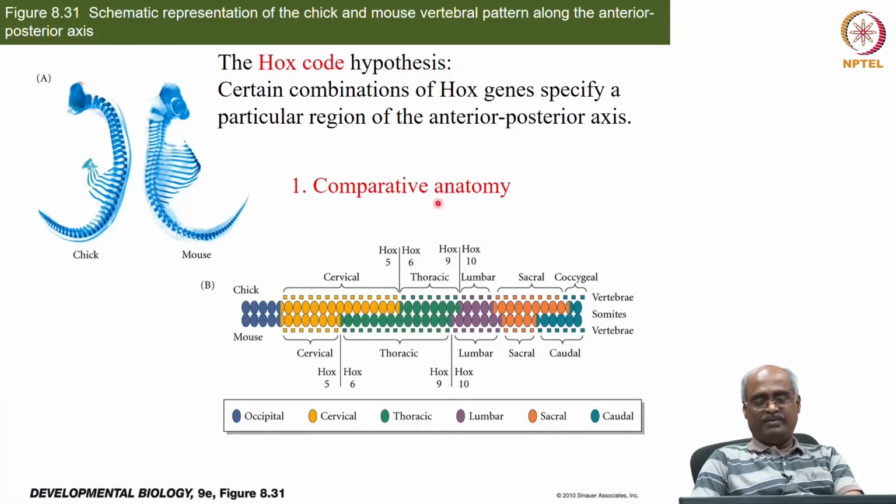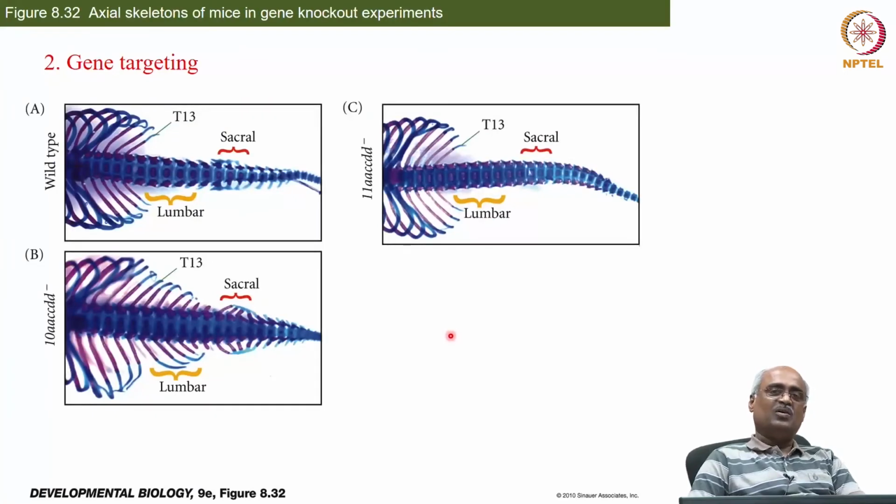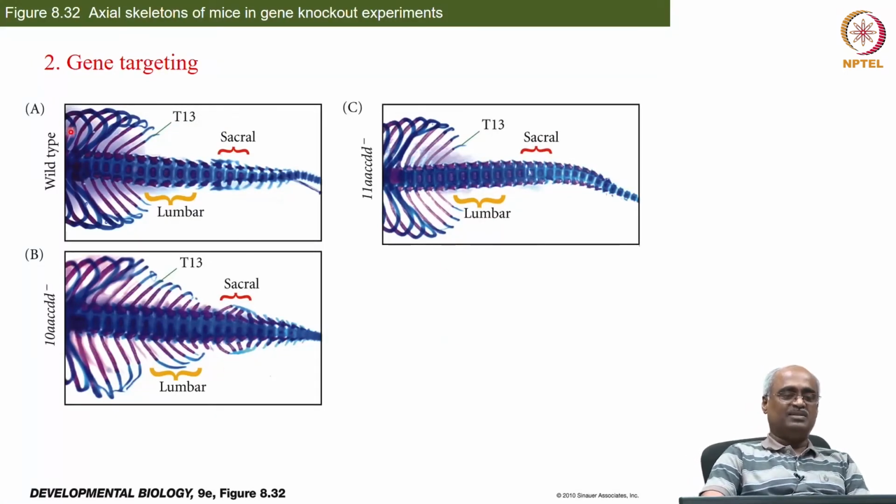So this is comparative anatomy. The expression pattern, what Hox gene is expressed, seems to correspond to what kind of vertebra form in these two species. Next we are going to look at gene knockout experiments. Here, for example, this is the wild type, where this is the thoracic vertebra forming the rib cage, and then this is the lumbar between your chest and the hip region.